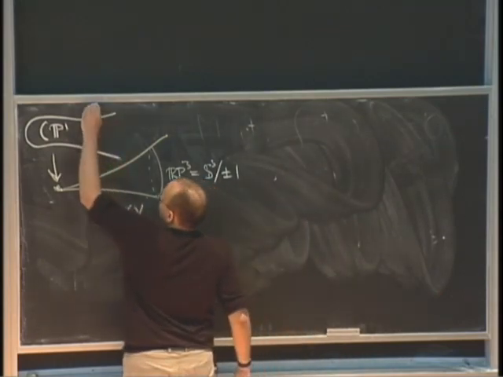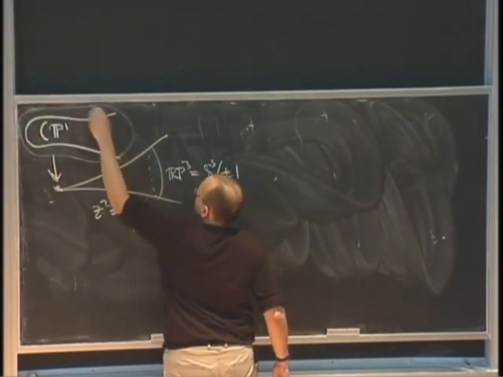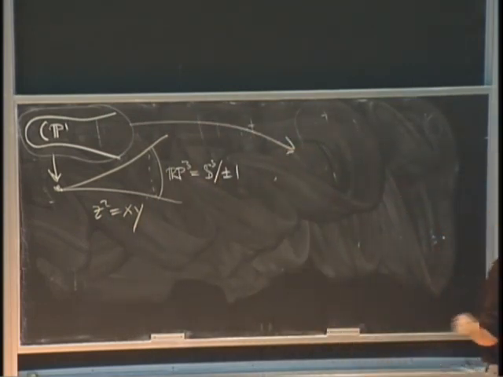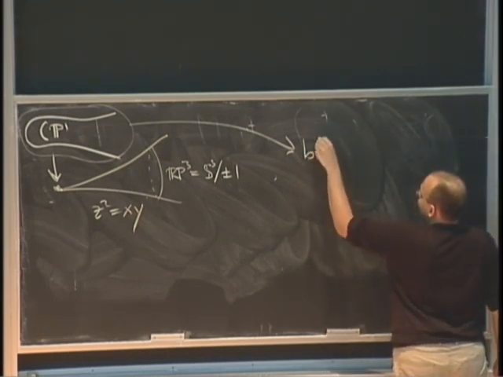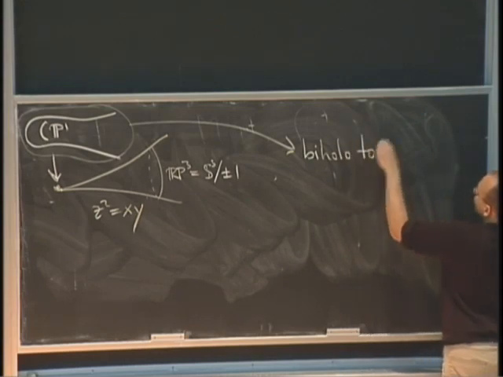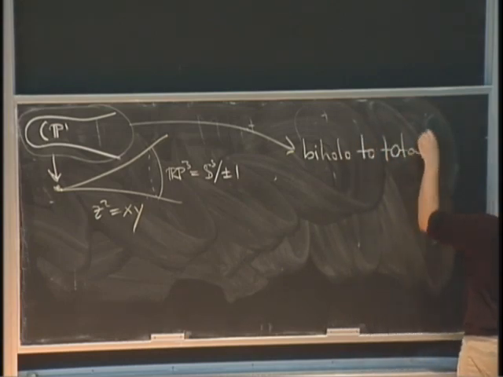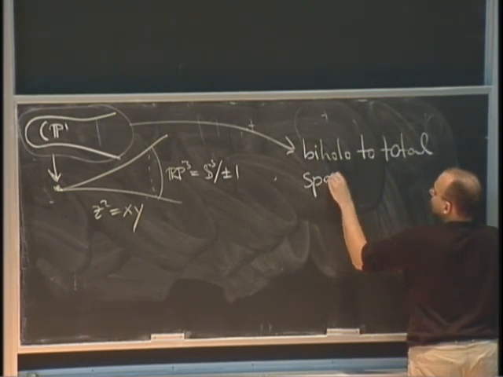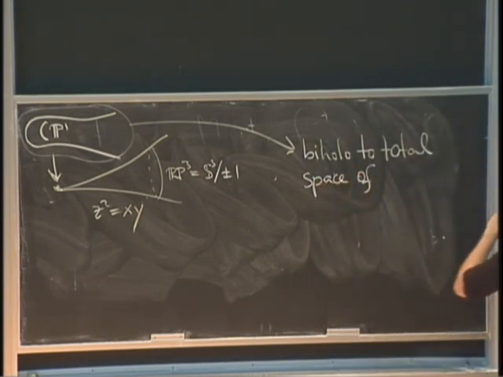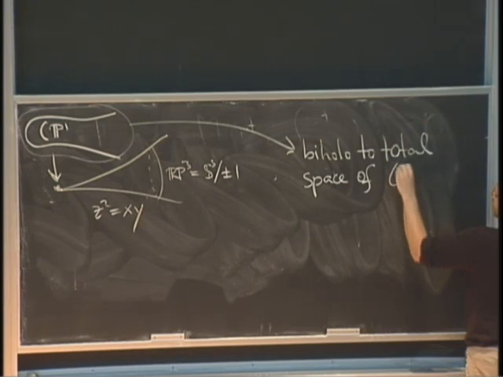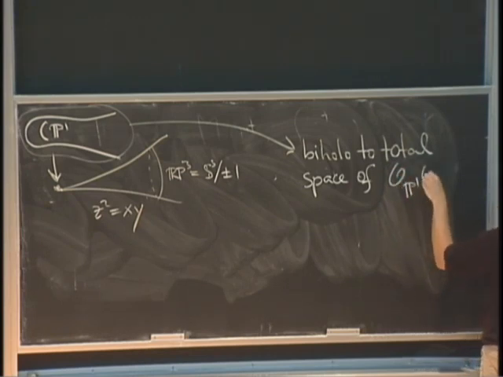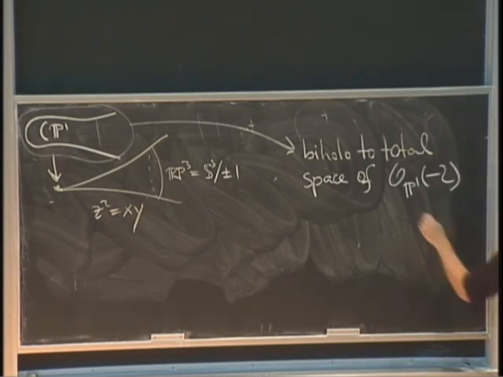And actually this space here, the smooth surface that I replaced my singular surface with, is biholomorphic to the total space of O(-2) over P1, the total space of this line bundle, and that's just the canonical bundle of P1.